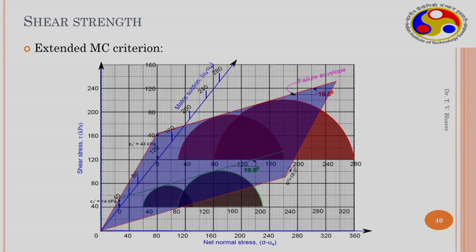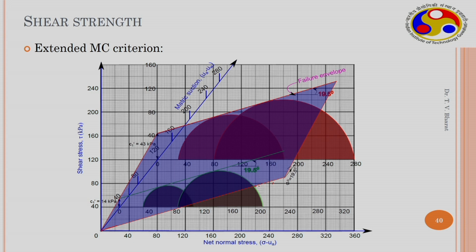Now, we have all the data: phi dash, phi b and C dash. This line, sorry, this line is with phi dash.